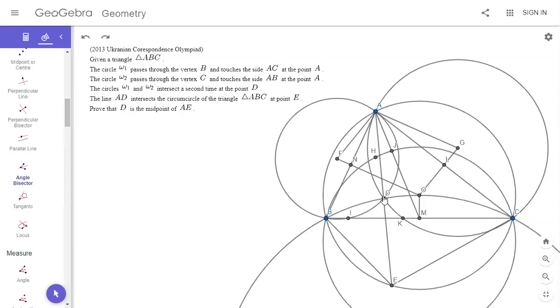And FAN is basically 90 minus angle A, because we know FAC is 90. And so we can calculate angle NAD. How does that show that N, D, and K are collinear? We can also calculate angle AKD. Okay. So NAD and AKD.